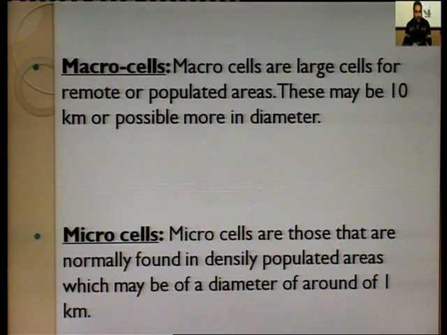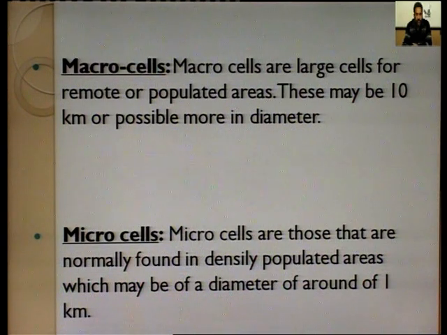Now, what are macro cells? Macro cells are large cells; macro means large, micro is small. These large cells are used in remote or less populated areas where the population is not high. They may be 10 kilometers or possibly more in diameter, meaning macro cells may have a diameter up to 10 kilometers or even more, depending upon the area where the cell is located.